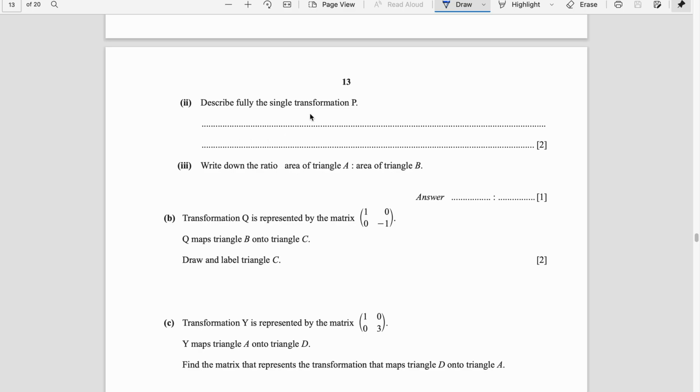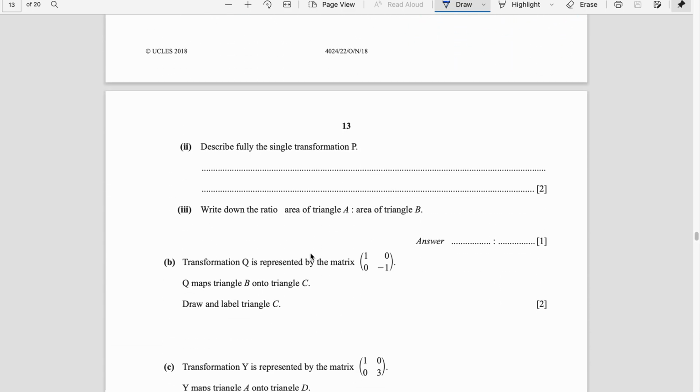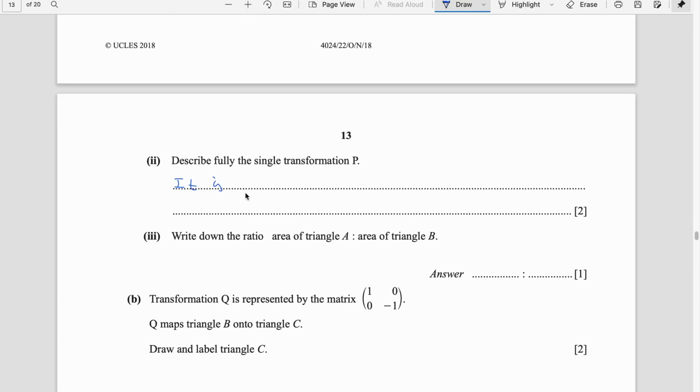Describe fully the single transformation P. As explained earlier, now you can look at the image as well. It is an enlargement about the origin and scale factor is -2.